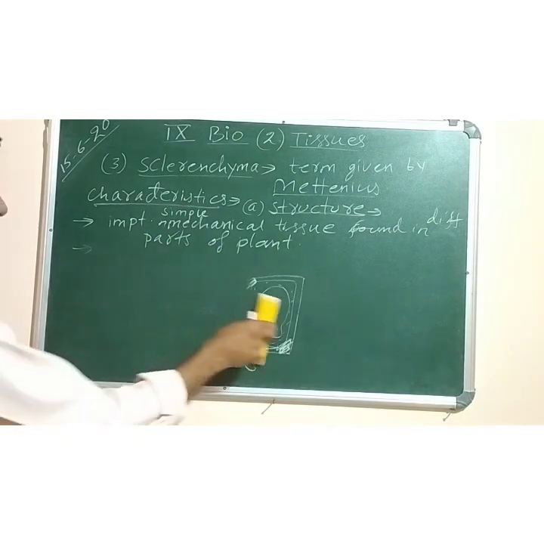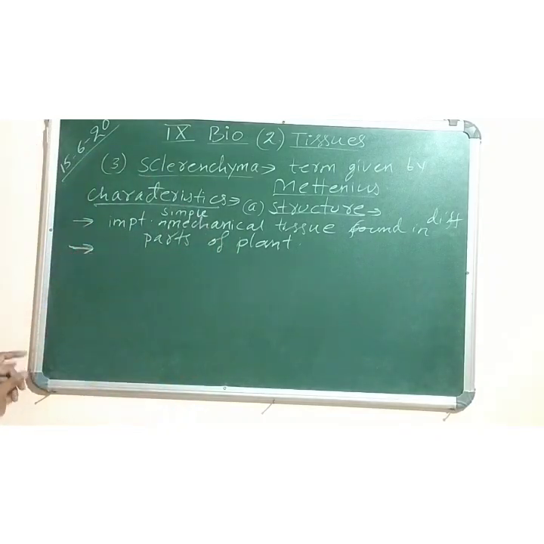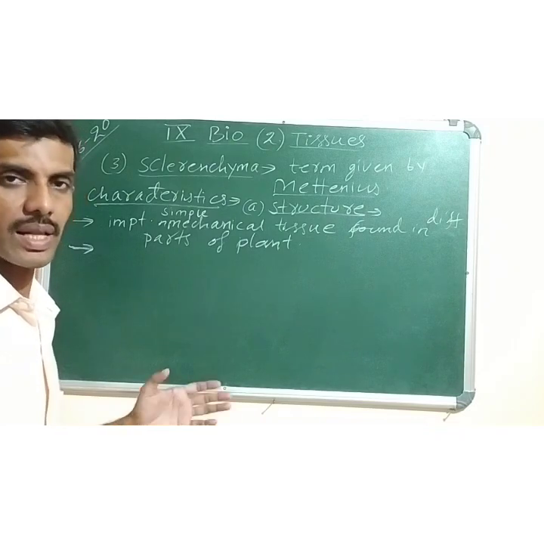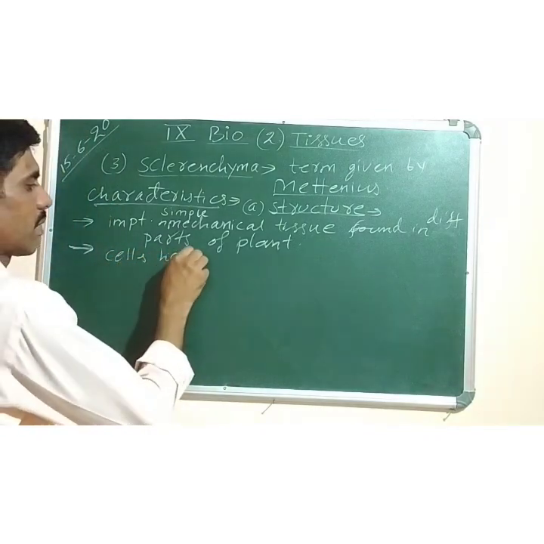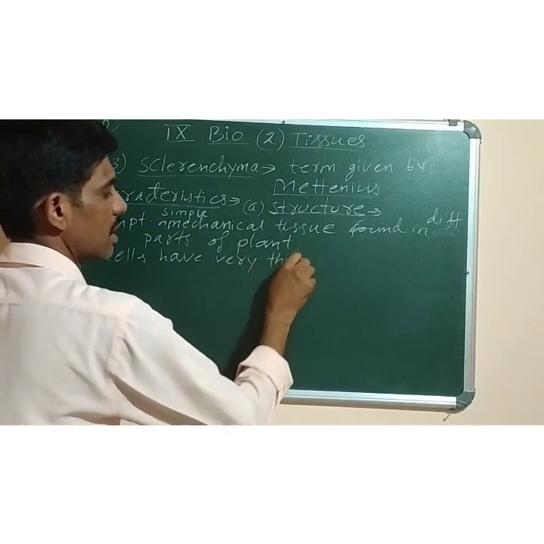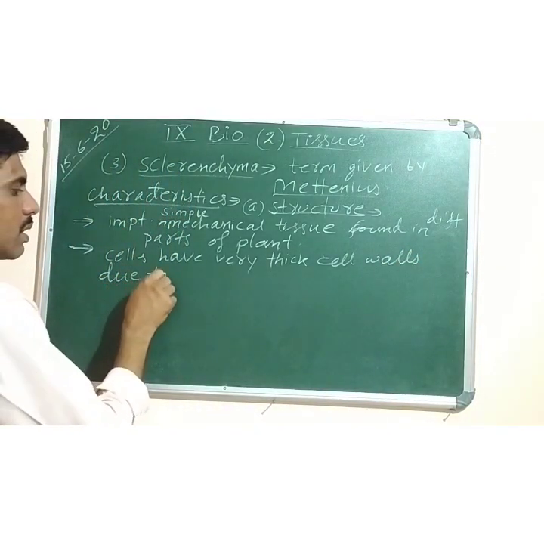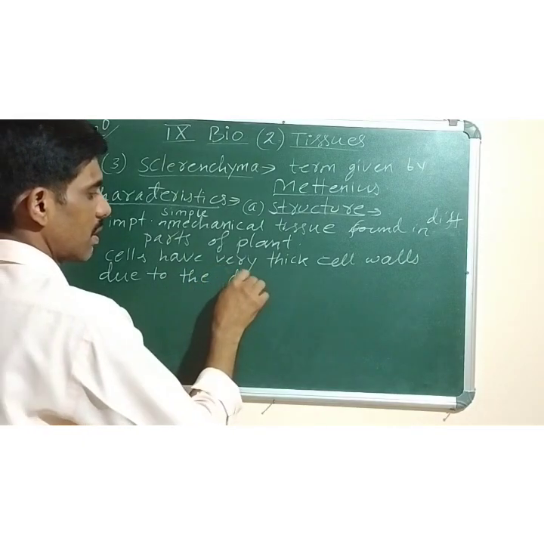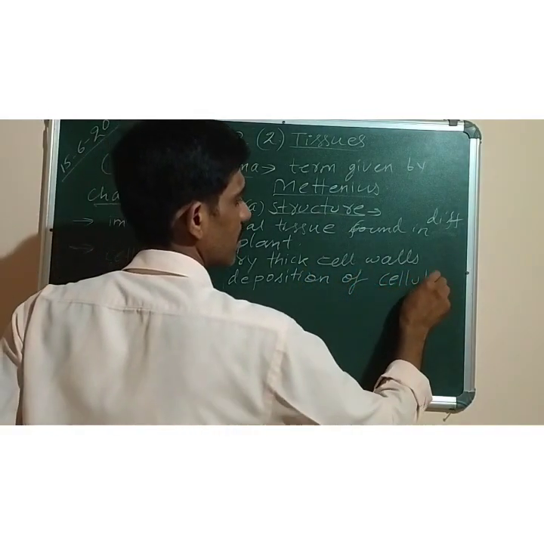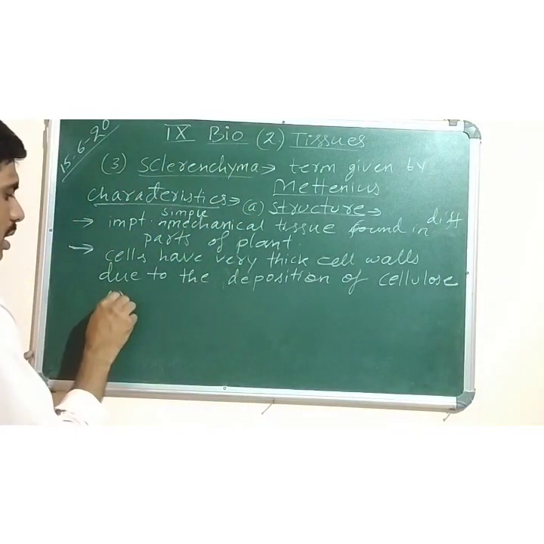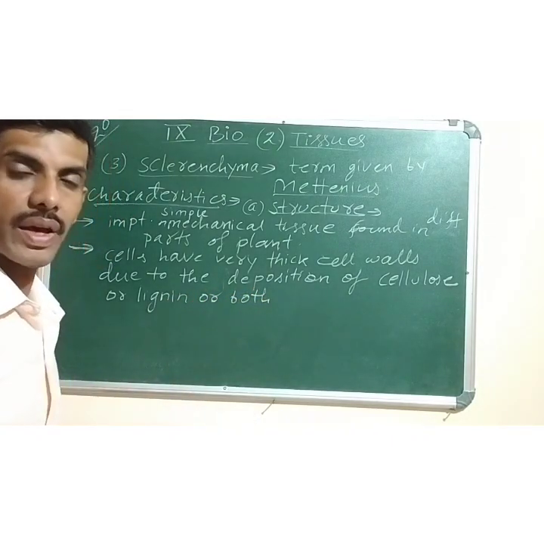Now what is the second characteristic of this tissue? It consists of highly thickened cells. The cells have very thick cell walls due to the deposition of cellulose or lignin, or both of them may be present, which makes the cell wall very thick.